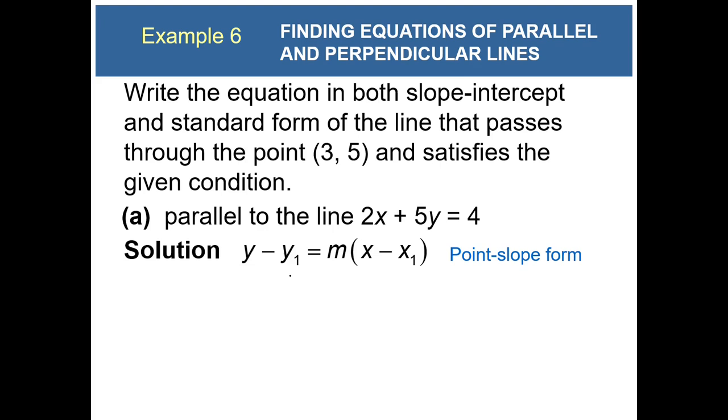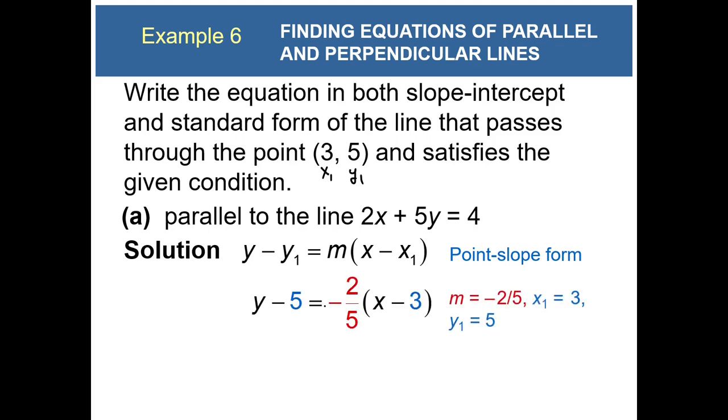Point-slope formula: y minus y1 equals m times the quantity x minus x1. x1 is 3 and y1 is going to be 5, and our slope was the slope we found earlier. So y minus 5 equals -2/5 times the quantity x minus 3.